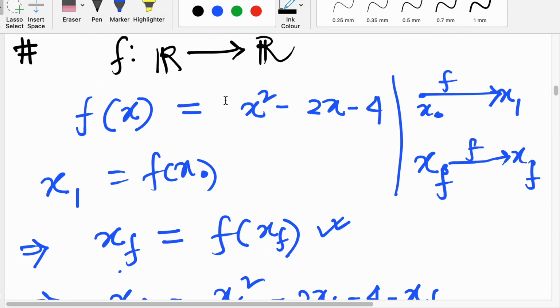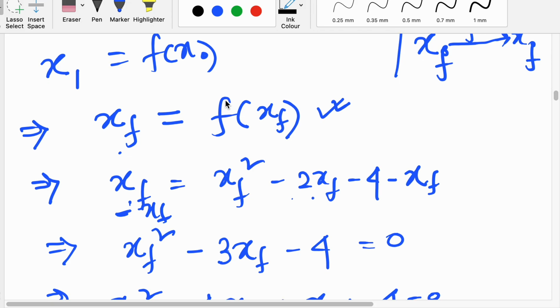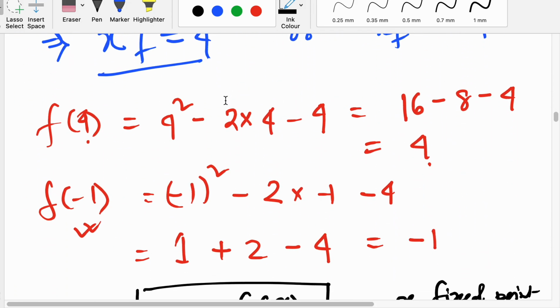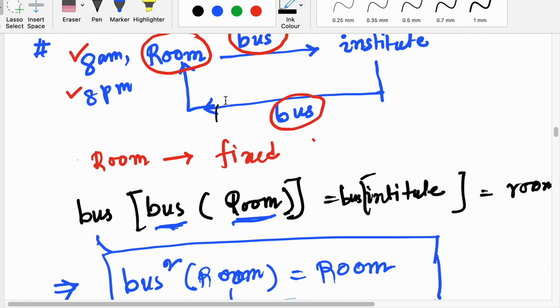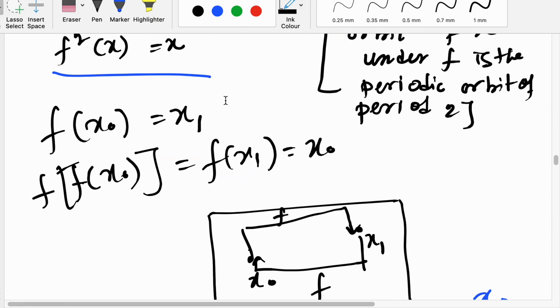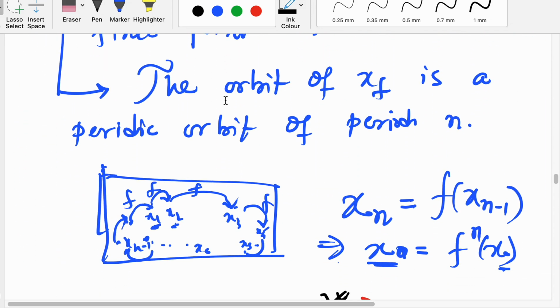Then we further extended the definition of fixed points, so that we can define the n periodic points in terms of fixed points. Suppose x0 is a fixed point of the nth iterate of the function f.